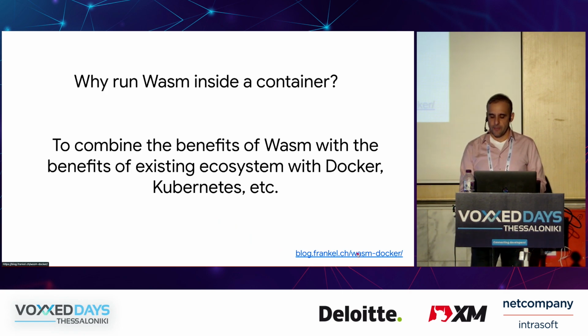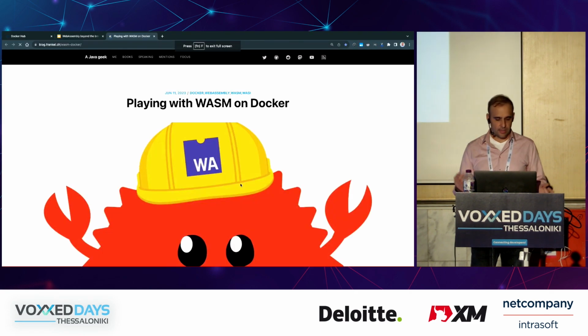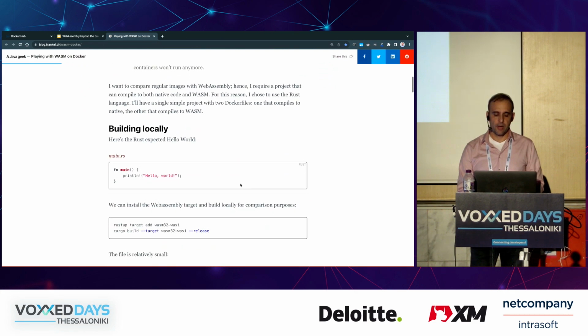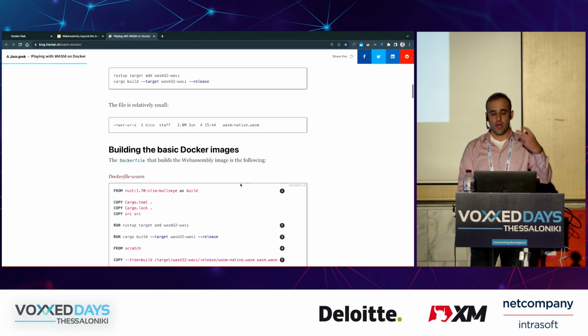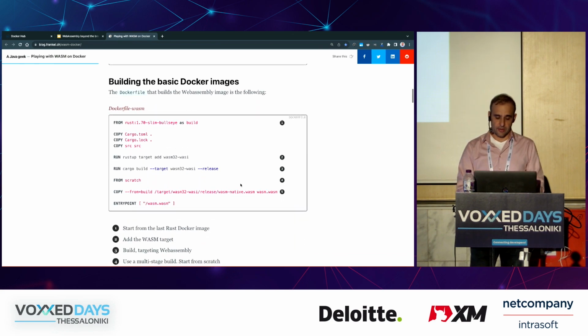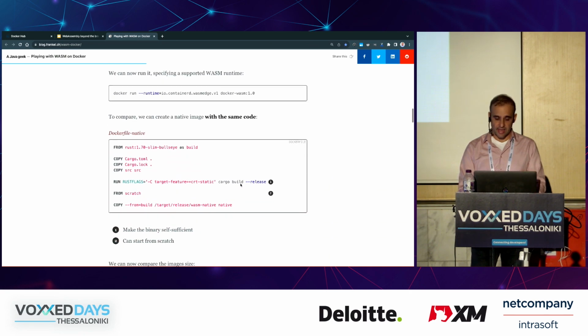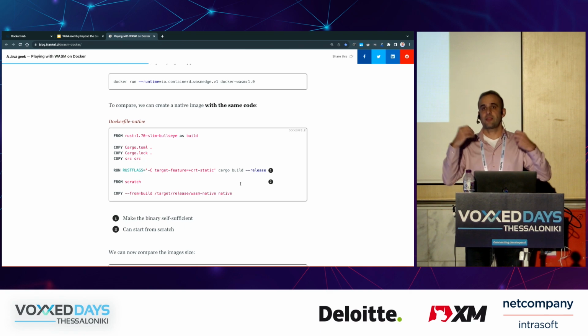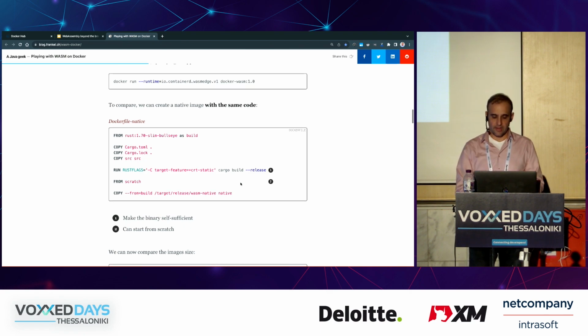And there's this blog post I mentioned where one of the speakers I met at a conference was talking about how to take a Rust application, compile it to a WebAssembly module, and put that in a container. So he did that, and then he took the same Rust application, created a standalone Rust container out of it, and looked at that container.